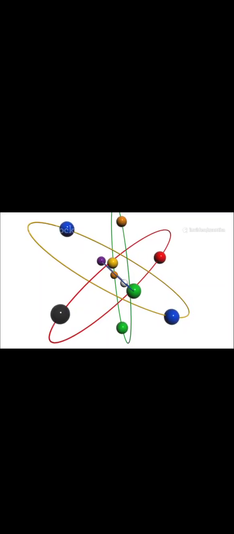Similarly, atoms bond to roll down an energy hill to a more stable resting place. Whether they do this by transferring electrons to form ionic bonds, like in salt, or by sharing electrons to form covalent bonds, like in water, the end goal is the same: to achieve a stable electron configuration, most often the celebrated octet, and settle into a state of lower energy.